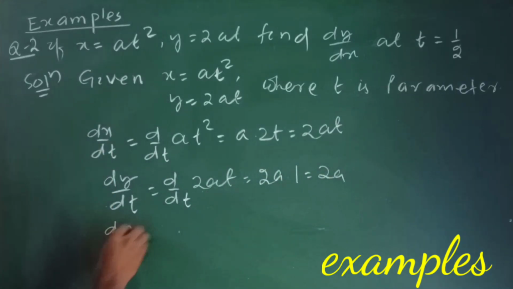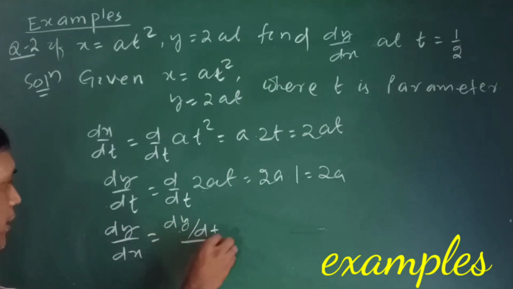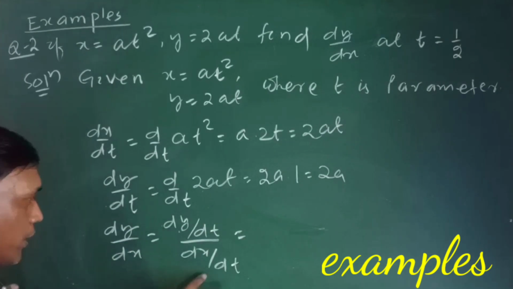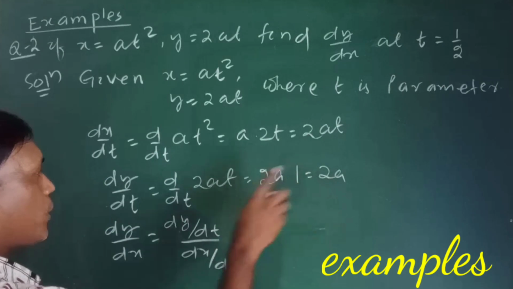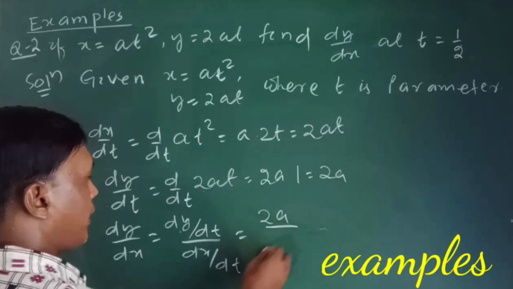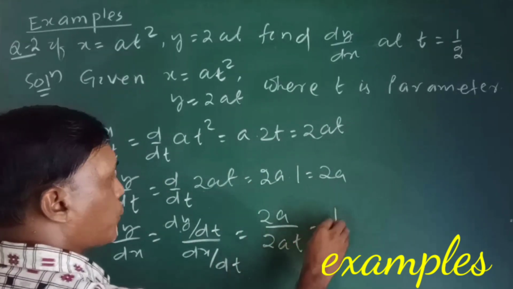Now dy by dx is equal to dy by dt divided by dx by dt. Now look here: dx by dt should not be equal to 0, and this is not equal to 0 for a not equal to 0. dy by dt is 2a divided by dx by dt, which is 2at, and this is 1 by t.